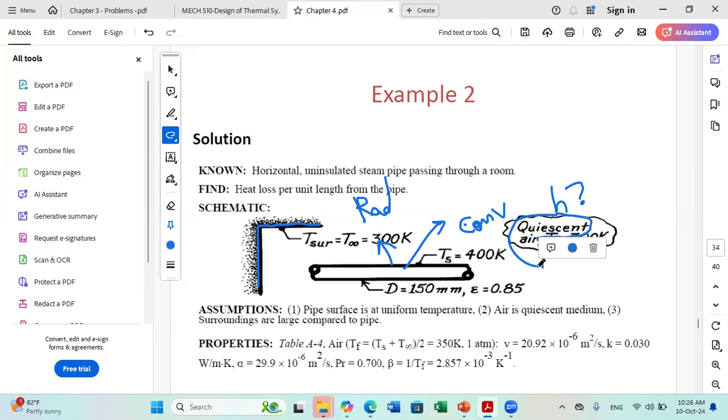Okay? Now, first, we need to determine what is Q prime, the heat loss per unit length. Q prime is Q over L. Okay? And we know here that the losses can be divided into two parts. We have Q radiation plus Q convection.